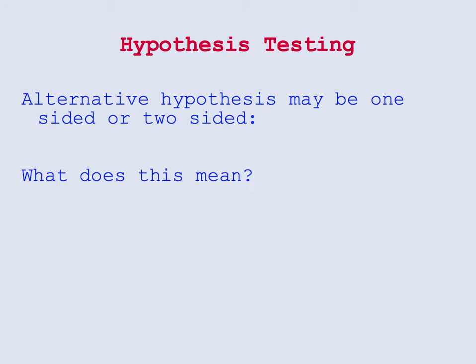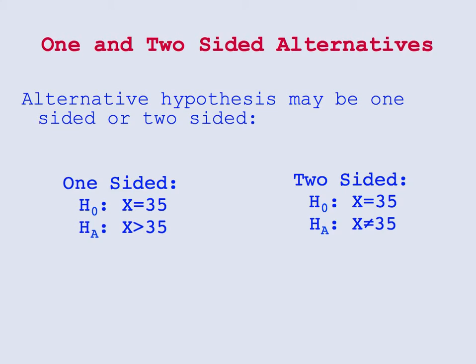Now, alternative hypotheses may be either one-sided or two-sided. And what does this mean? A one-sided alternative hypothesis would be that we are looking for one direction, such as our null hypothesis of x is equal to 35, and our alternative hypothesis is that x is greater than 35.